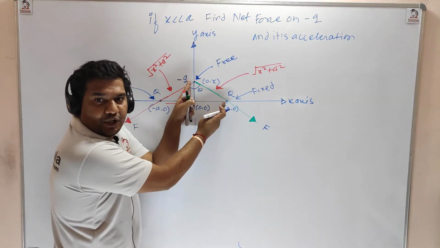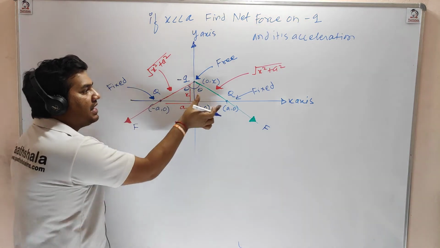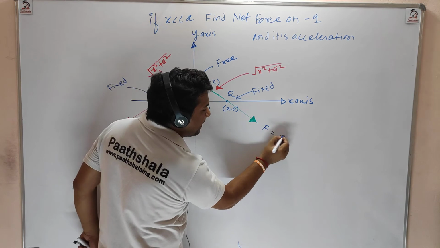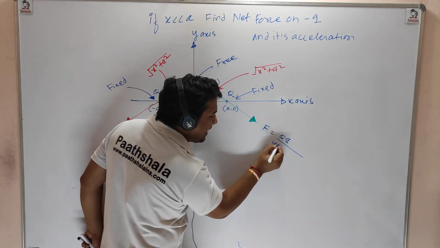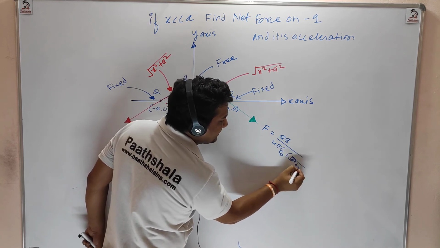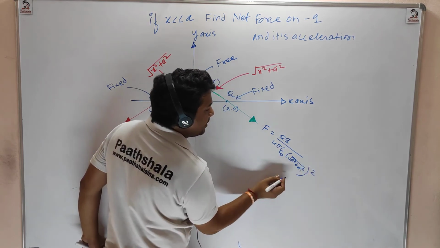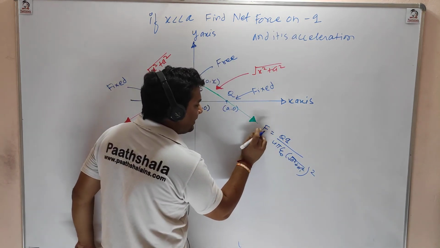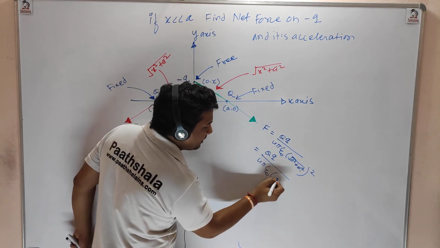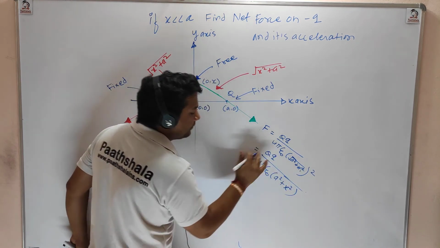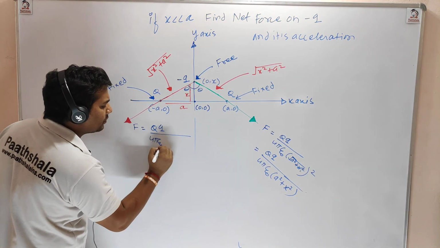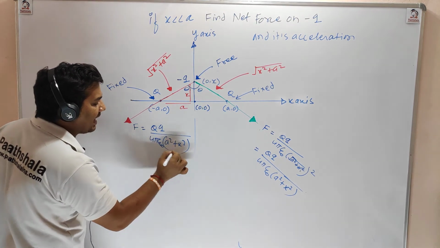The product of charges is the same, capital Q into small q, and the distances are also the same, so the force must be the same. Using q1 into q2 divided by 4 pi epsilon naught times the square of distance, you get capital Q small q over 4 pi epsilon naught times a square plus x square. Here also you will get the same result, that's why I am assuming it as F.